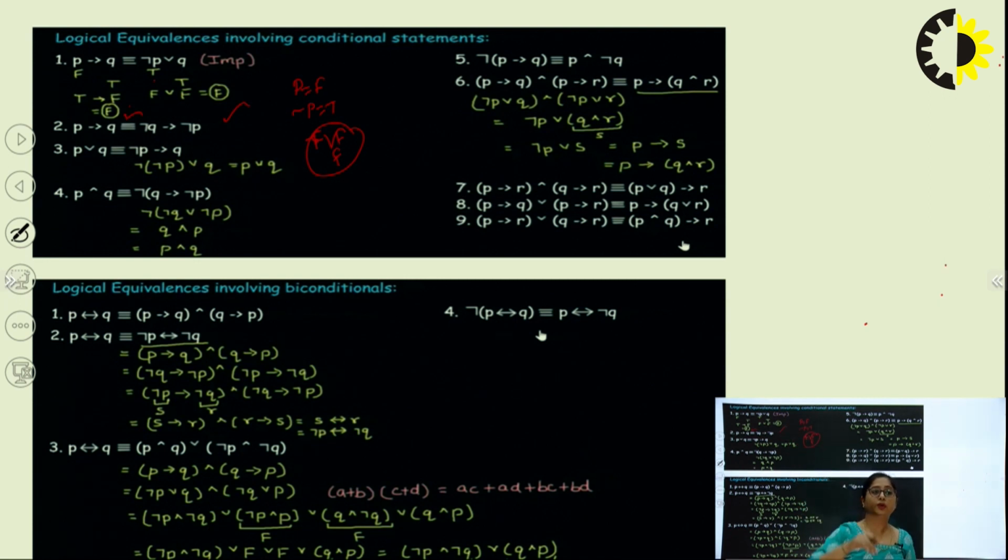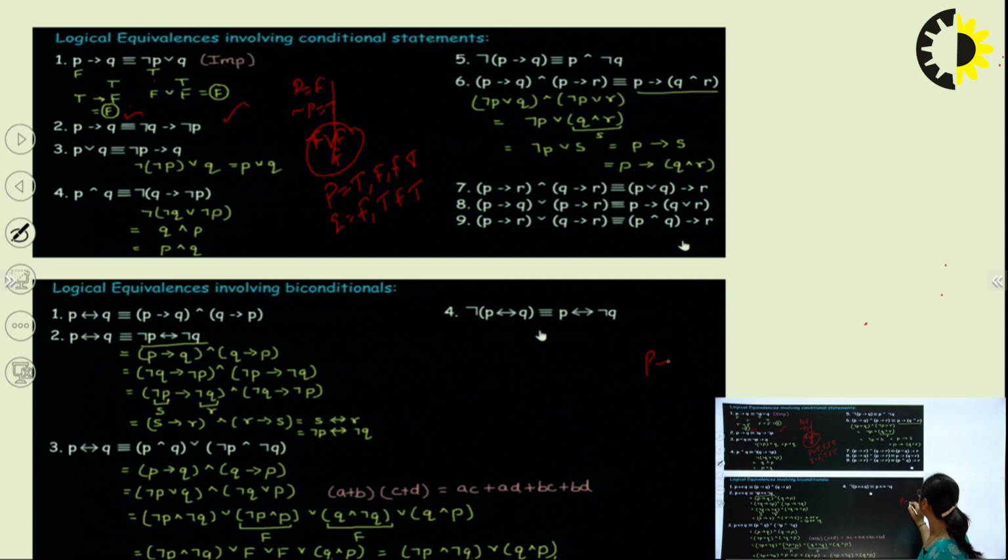Because logical equivalence is a tautology, for any P and Q the value should be the same. The left statement should equal the right statement. So you can take P is true and Q is false, or P is false and Q is true. You can take both false, you can take both true.